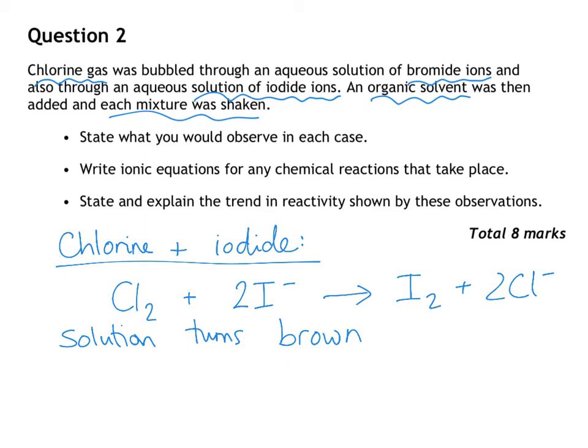That would be a mark, and we've got my equation. And then the observation for the organic solvent. Again, you should know whether you are meant to know this. I'm relatively sure it's only AQA that doesn't need to know this. The organic solvent has a very, very distinct colour change in that it will turn purple when you shake it up with iodine.